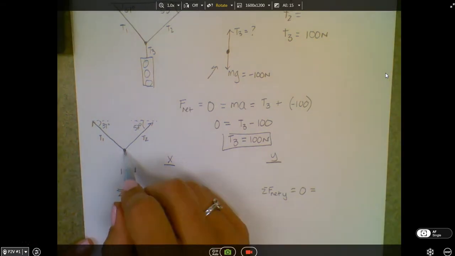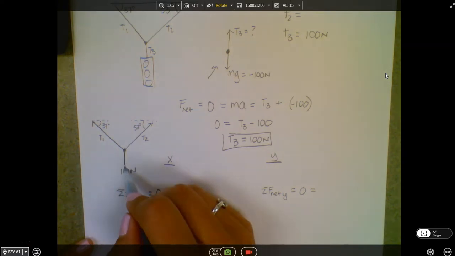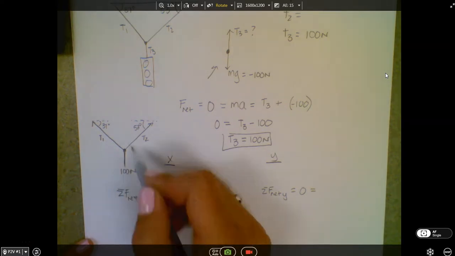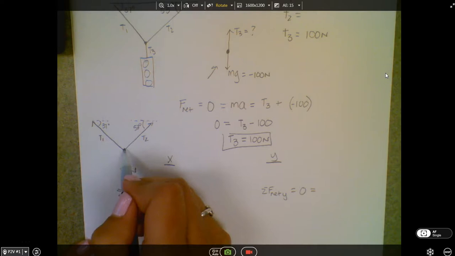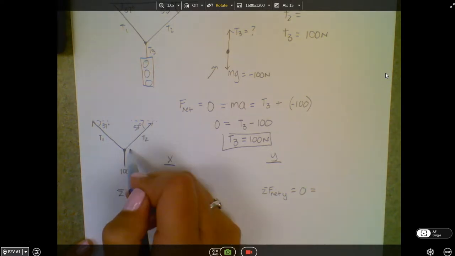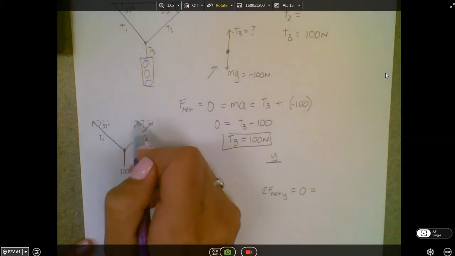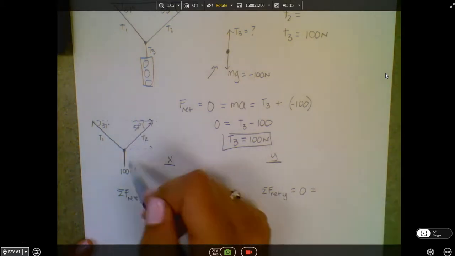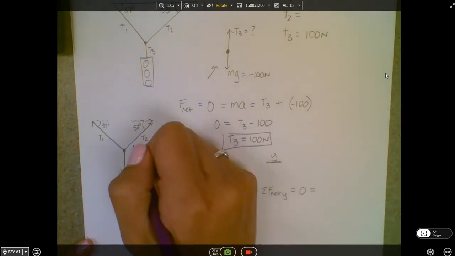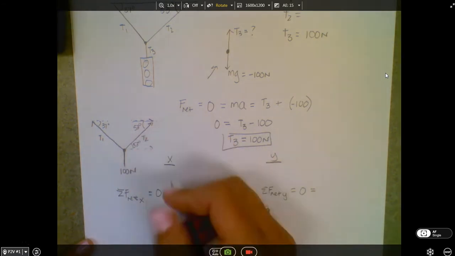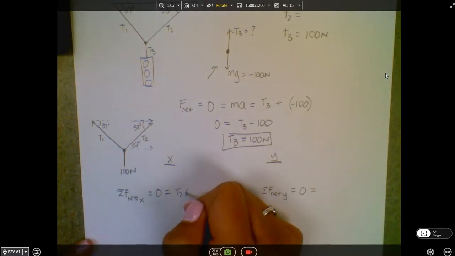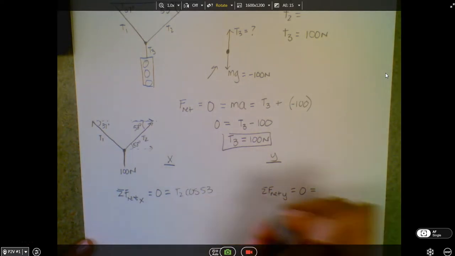So the net force in the x is all the forces in the x added up. So if we look at this diagram, we have 100 pulling down. That's not in the x direction, so we ignore that part. We have the x component of this tension. You can draw it there, or you could draw it here, but it needs to be facing to the right because that tension is pulling out to the right. So this is 53 also. So I know that in the x direction I have T2 cos 53 in the positive x direction.